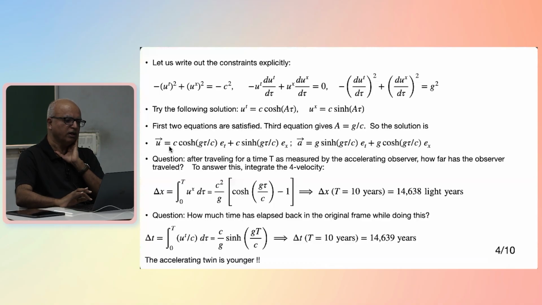Acceleration is du by d tau. So, do that differentiation. g tau by c will come out, c will cancel. So, g sinh along Et and g cosh along Ex. So, I have solved the problem now. I have solved for velocity and I have solved for the acceleration.